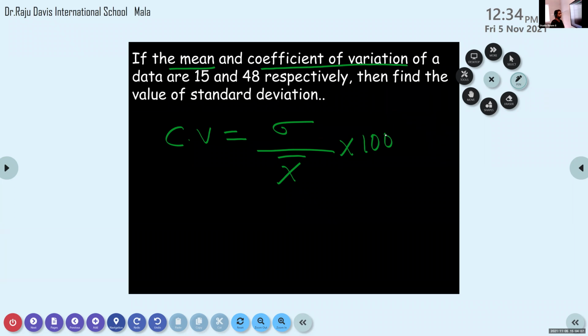Apply this in the formula and find out the answer. It can be asked in any manner. Sometimes they can give CV and sigma also, and you have to find x bar. Like that also they can ask.